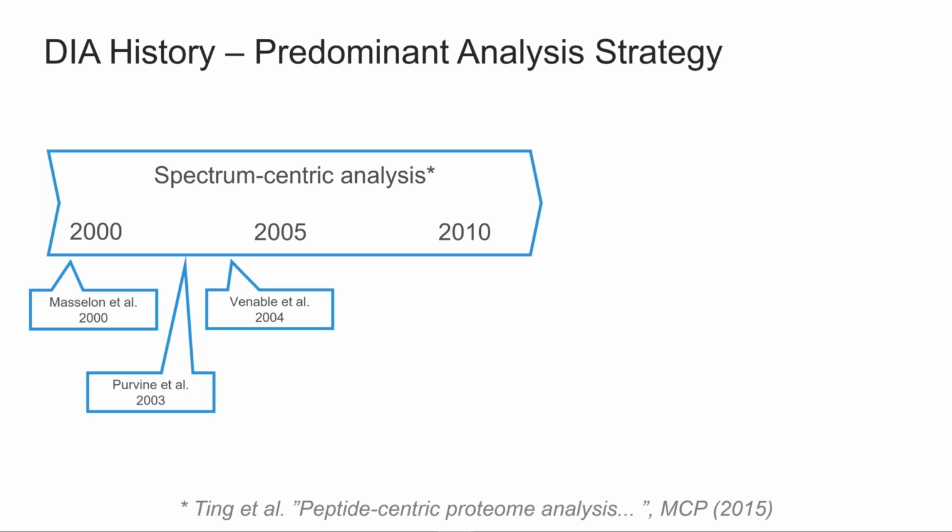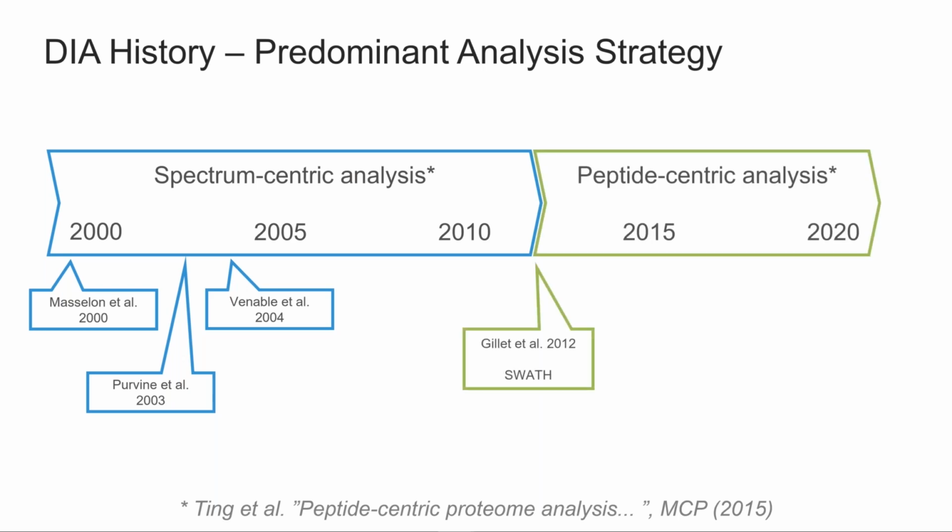But then around 2012, our colleagues from ETH, from the group of Rudi Aebersold, Ludovic Gillet, they published the SWATH paper, that is about the targeted analysis of DIA data, or in other words, the peptide-centric analysis of DIA data. And around 2012, people started to analyze their DIA data using this peptide-centric way of analyzing the data.